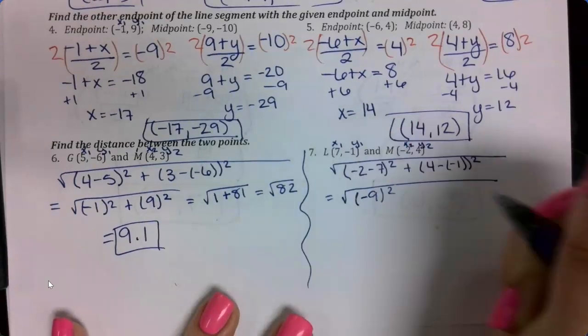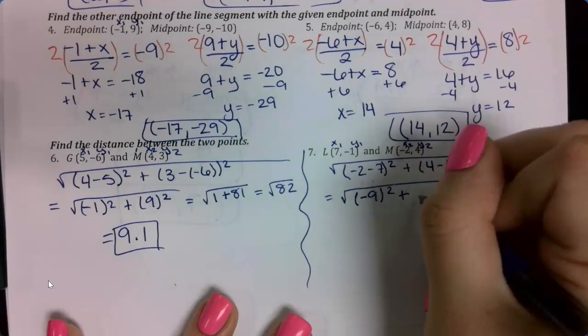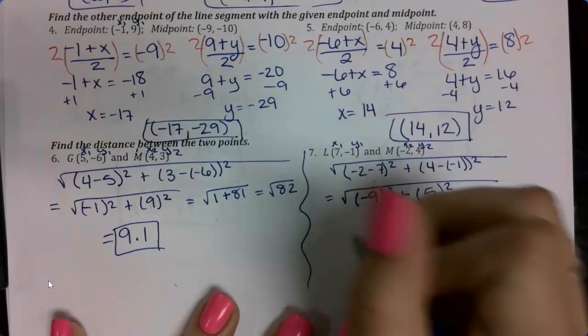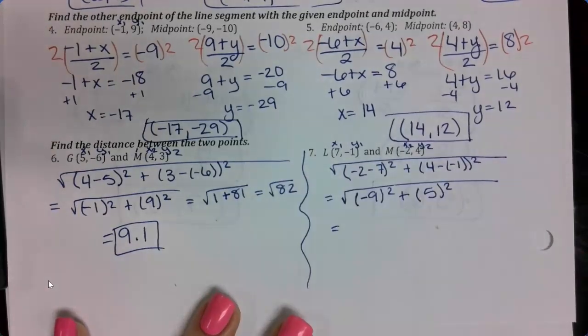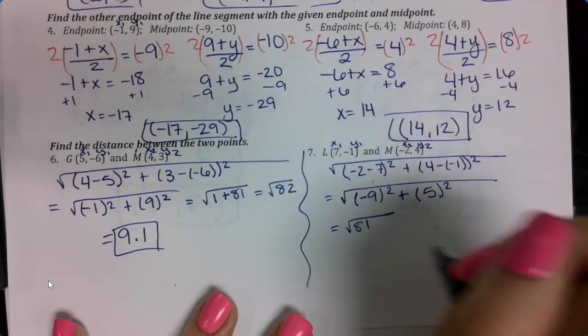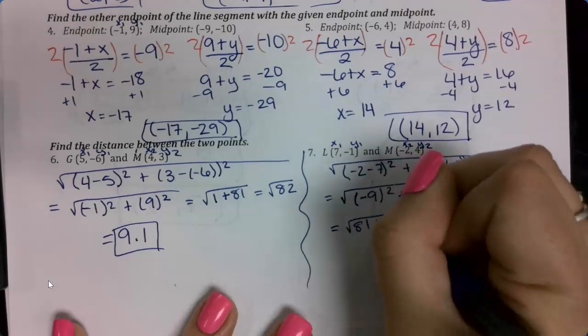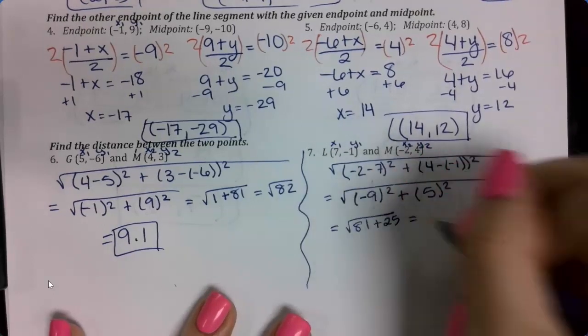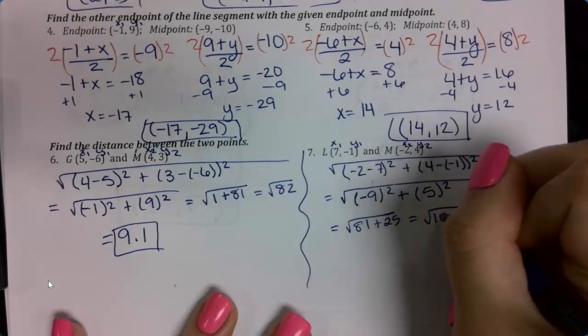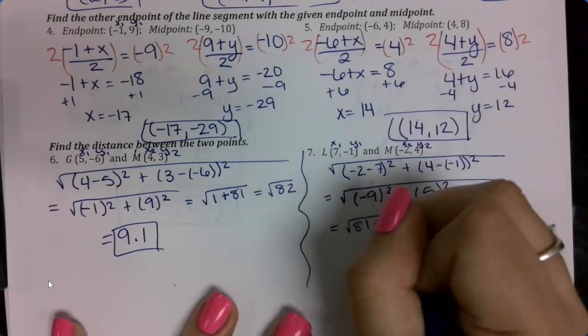Negative 9. And then 4 minus negative 1? 5. What's negative 9 squared? And 5 squared? 81 plus 25? Okay. And the square root of 106?